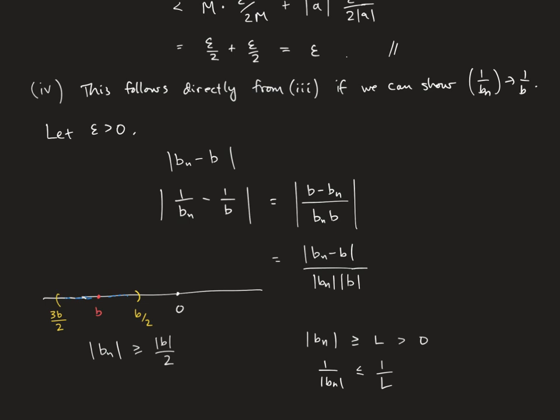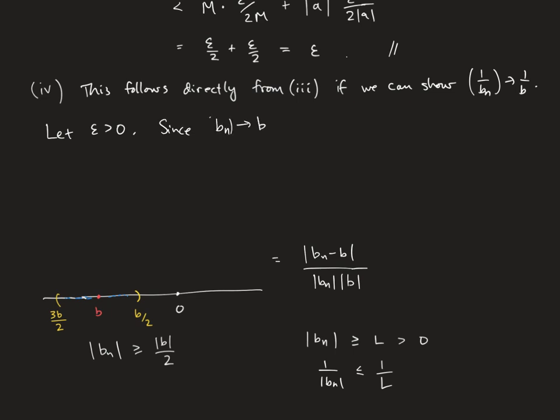So let's see if we can do that. Let me give myself a little bit of room here to write. Since bn goes to b, there is n1 such that the bn minus b, we just reference our picture, is less than absolute value of b over 2.